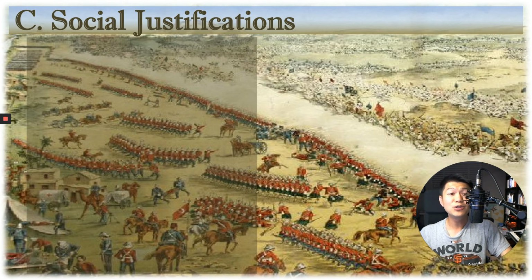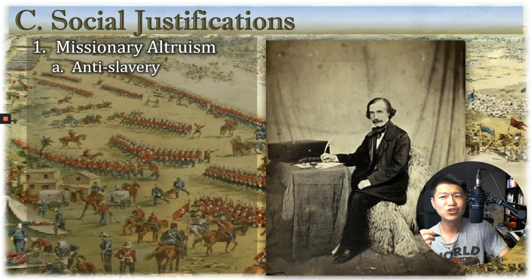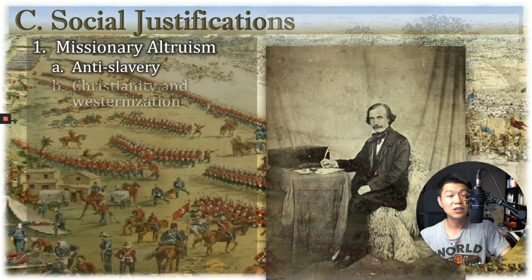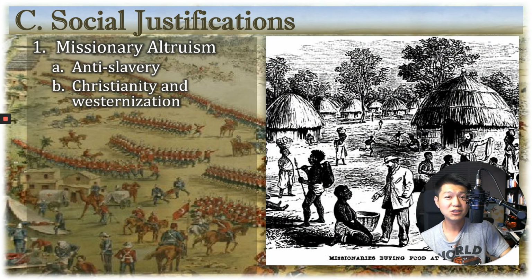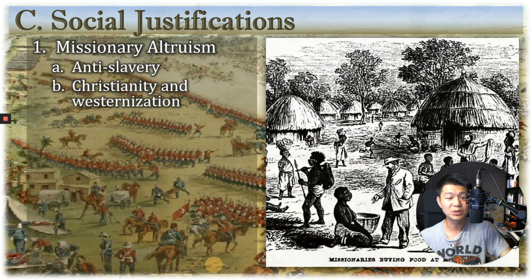Okay. There are a few social justifications as well, and it starts off with some real genuineness. The Christian missionaries who moved into sub-Saharan Africa, for instance, decided to take the fight against slavery directly to the slave sellers themselves on the African continent, and in the process will bring about Christianity, which has its benefits, but also major costs for the native tribes because of the push of westernization by these particular groups.